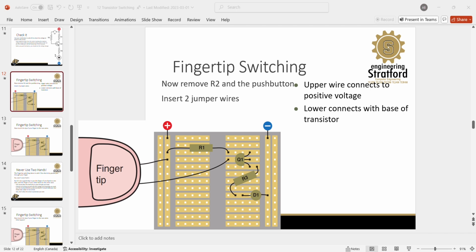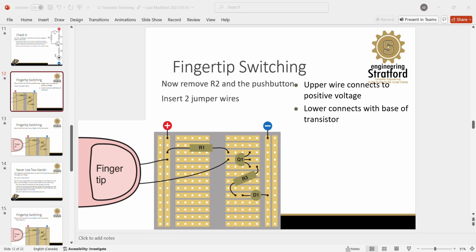So, remove R2 and the push button. Essentially what you're going to have hanging off the breadboard are two wires like this. So you're going to remove the push button and the 10,000 ohm resistor that connected the button to the base of the transistor. So pull those out of your circuit.